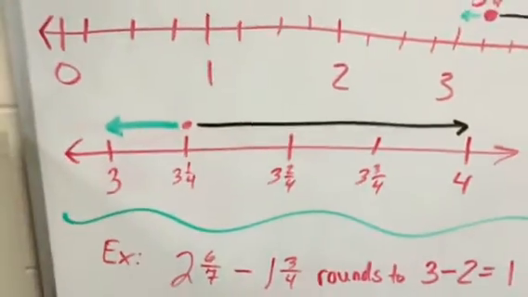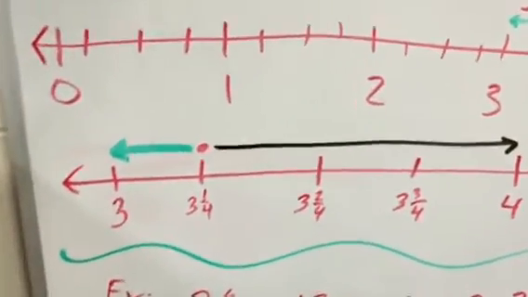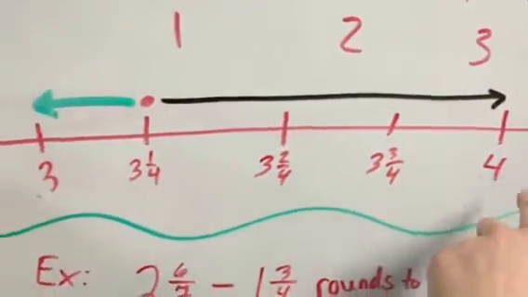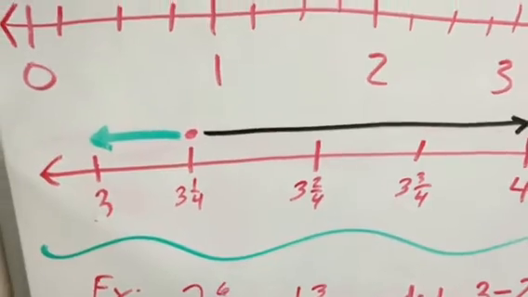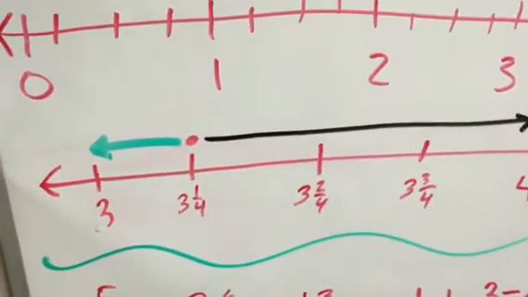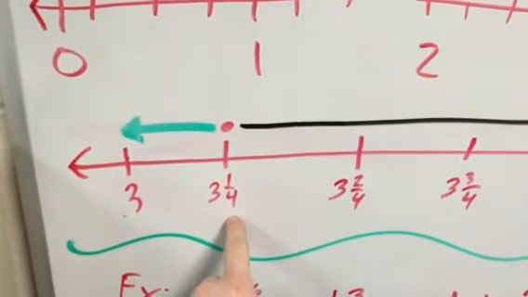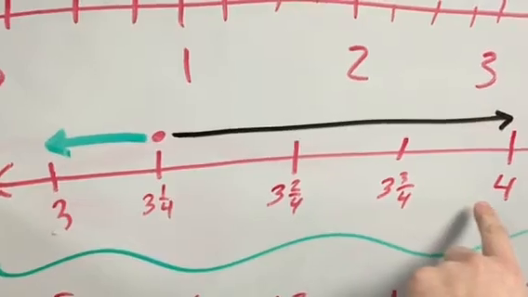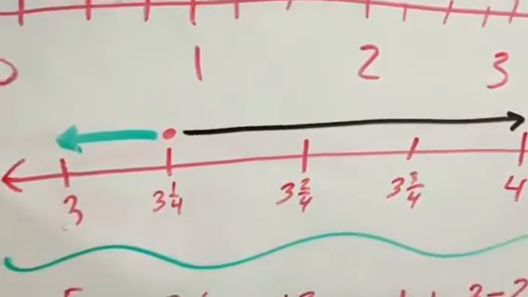Look what I did on the line below it. I started here with 3 and ended over here with 4. So I still made the number line the same size, but instead of having all of those little marks that were unnecessary, I only made my fourths, my 3 1/4, 3 2/4, 3 3/4, and then my whole going back to 4.